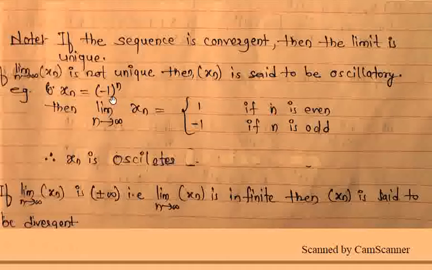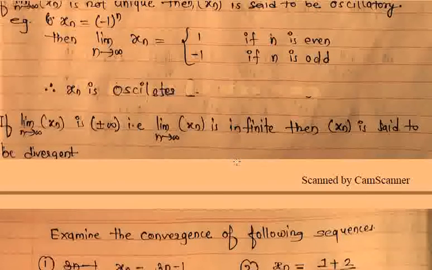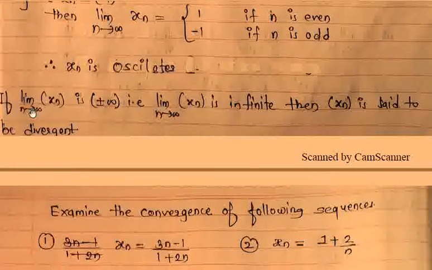So in this sequence, you're going to have an oscillatory, which means it's going to oscillate between minus 1 and 1. So xn is oscillatory. If the limit as n tends to infinity of xn is plus or minus infinity, then xn is infinite, and xn is said to be divergent.